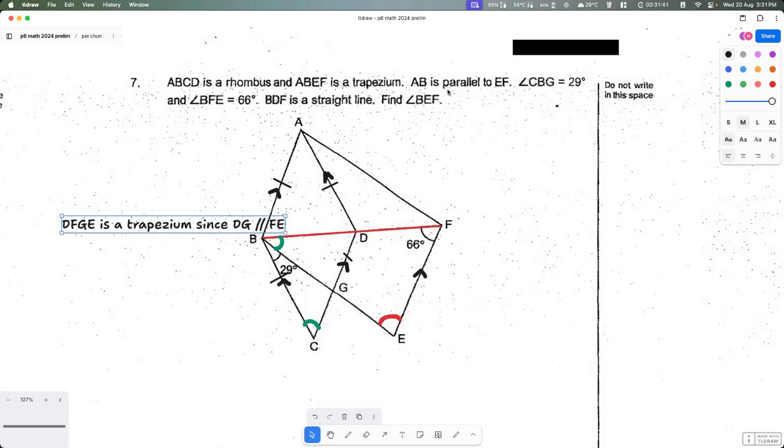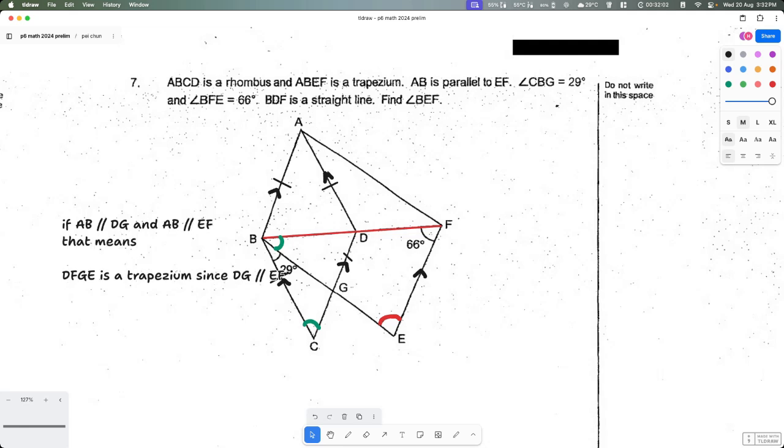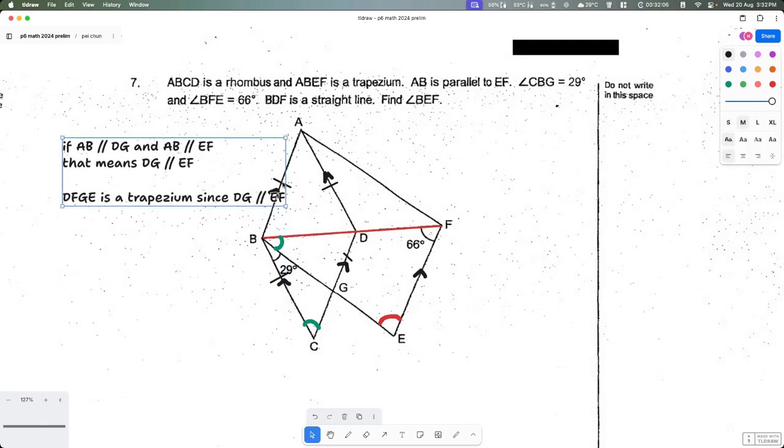It says here AB is parallel to EF. If AB is parallel to DG and AB is parallel to EF, that means DG is parallel to EF.